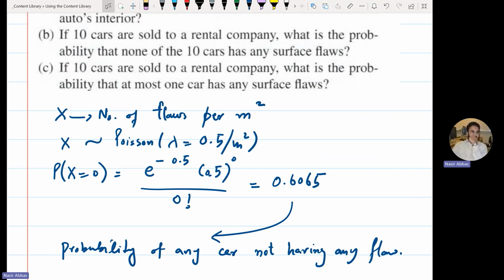Now, what's part B? If you select 10 such cars, what is the probability that all 10 of them are successes? You select 10 units like this one. Before, you were talking about 1 unit.